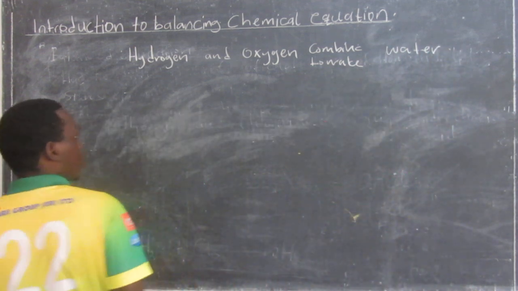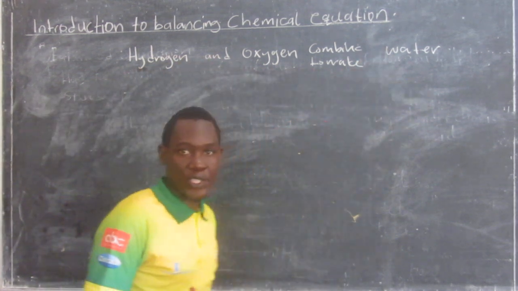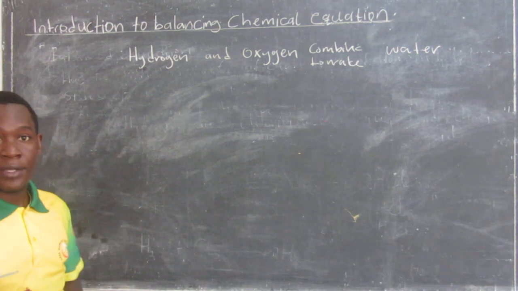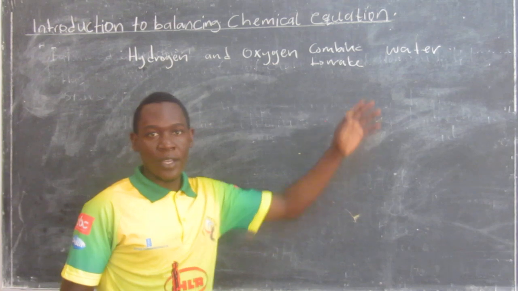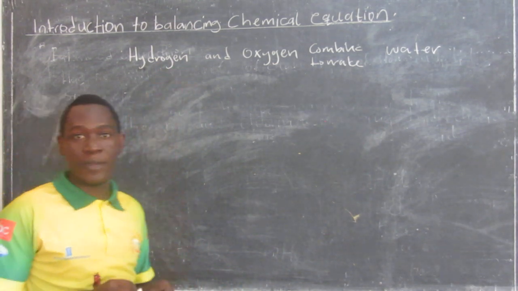We know very well that when I get hydrogen plus oxygen, I combine it to get water. In this case, let me start by writing the formula of hydrogen, the formula of oxygen, and the formula of water, so that I can change my equation from the word equation into the formula equation.